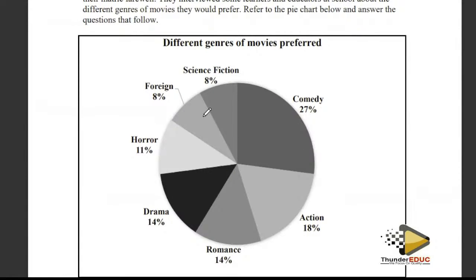When you look at the pie chart, first and foremost, if they miss a value, the missing percentage, you always equate the total to 100, and you get the answer.